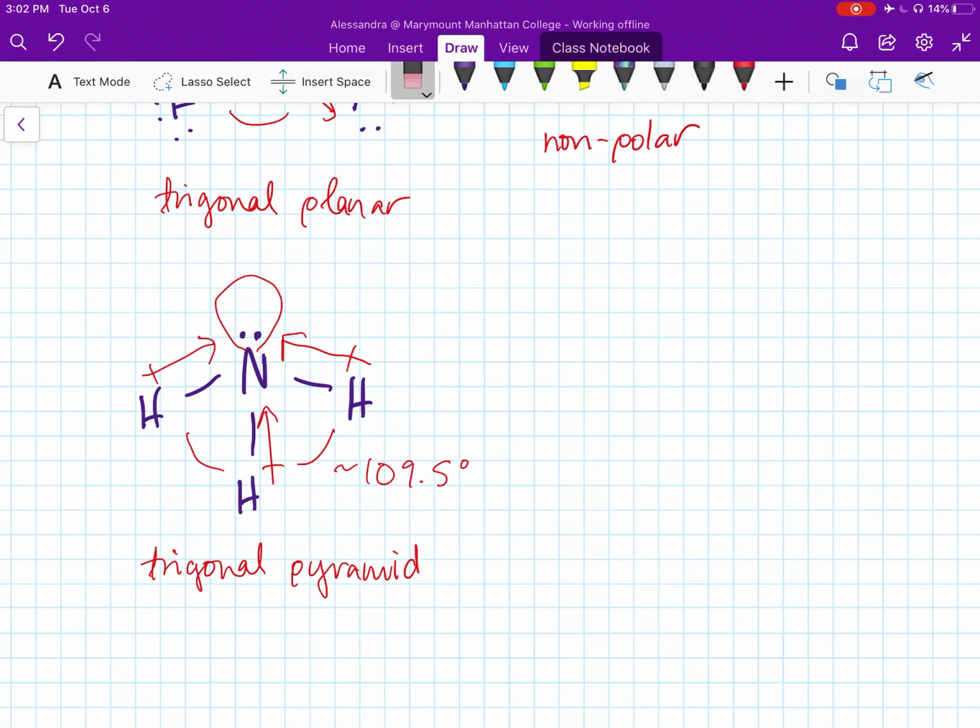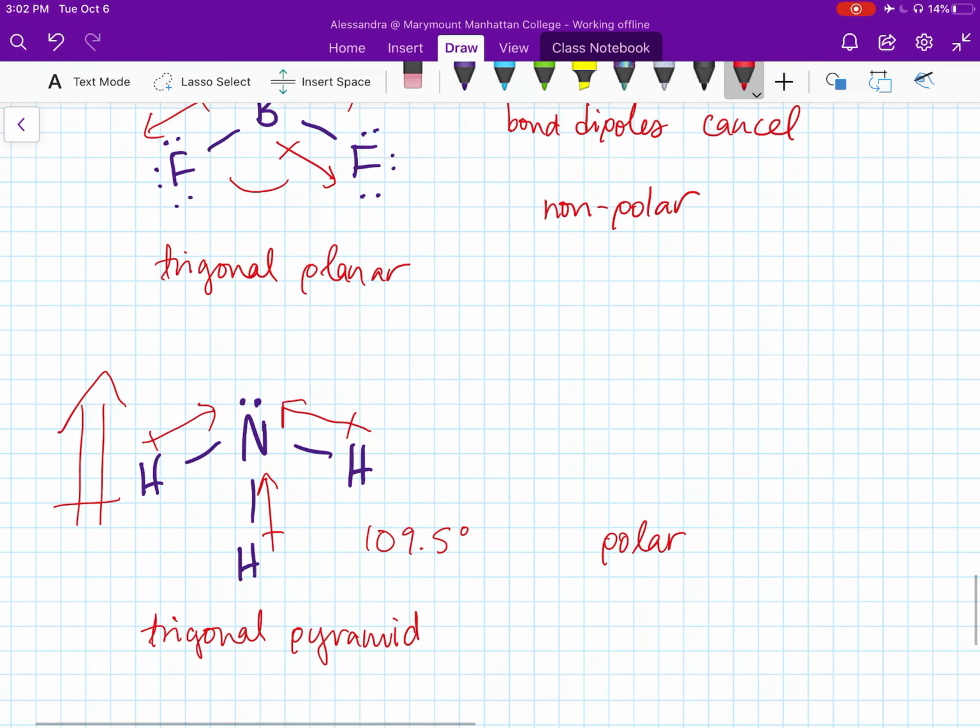Let me clean it up a little bit so you can see what I'm talking about here. If I add those 3 bond dipoles together, if I add those 3 vectors together, I would get an overall dipole moment facing upward towards the nitrogen. So this is definitely going to be a polar molecule with a dipole moment.